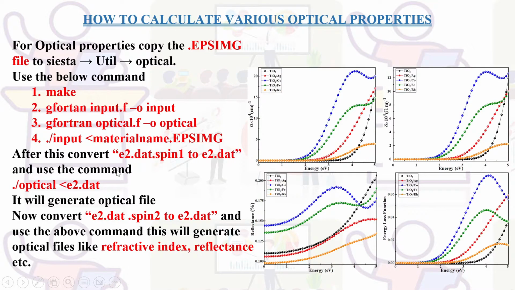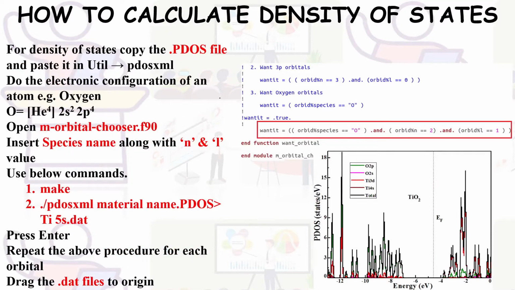And those optical files will give us e2.dat.spin2, which we will also convert to e2.dat and use the above command. This will generate optical files like refractive index, reflectance, conductivity, optical conductivity, optical absorption, and other files. Okay, so this is all about this.